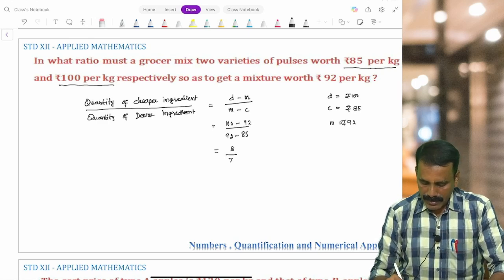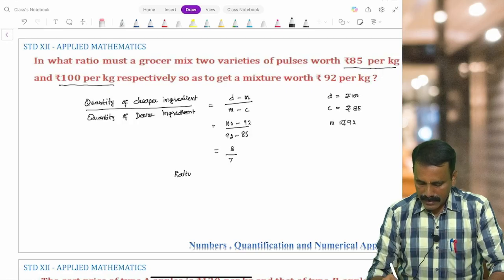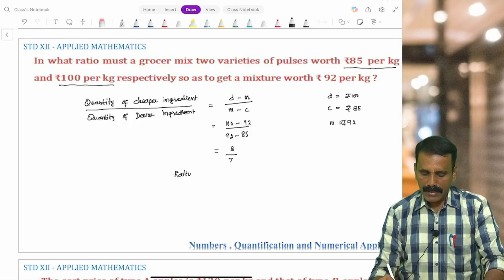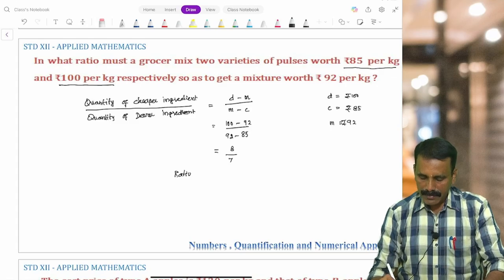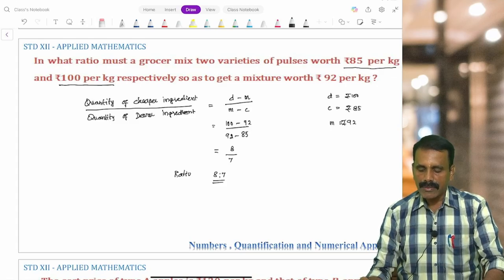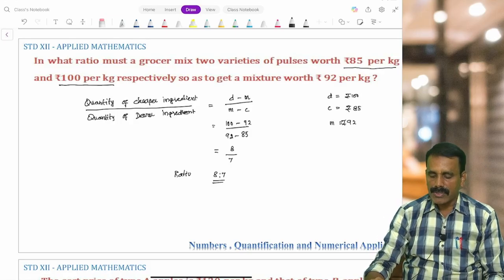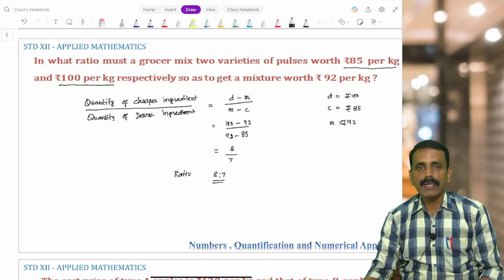So the ratio of quantity of cheaper ingredient to quantity of dearer ingredient will be 8:7. This is the ratio in which it should be mixed to get the cost of the mixture to be 92 rupees per kg.